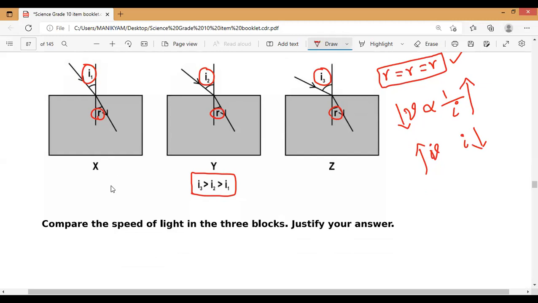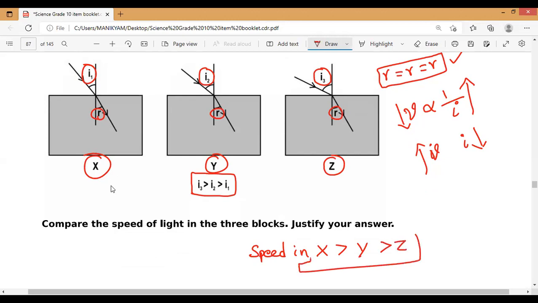In which medium is light traveling faster? X. Next medium? Y. Next medium? Z. So the answer is: speed in X is greater than Y, which is greater than Z. That is your answer.